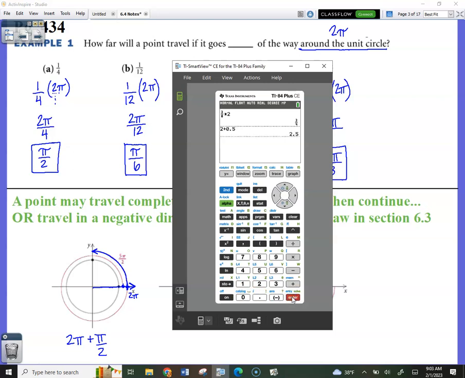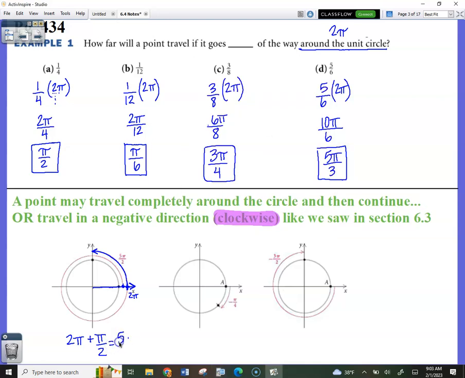And then you can hit math, frac, 5 pi over 2. Remember, don't enter the pi because it won't give you a fraction. So, right here, we're going to say that this was 5 pi over 2. And that was a full rotation plus a pi over 2 rotation.